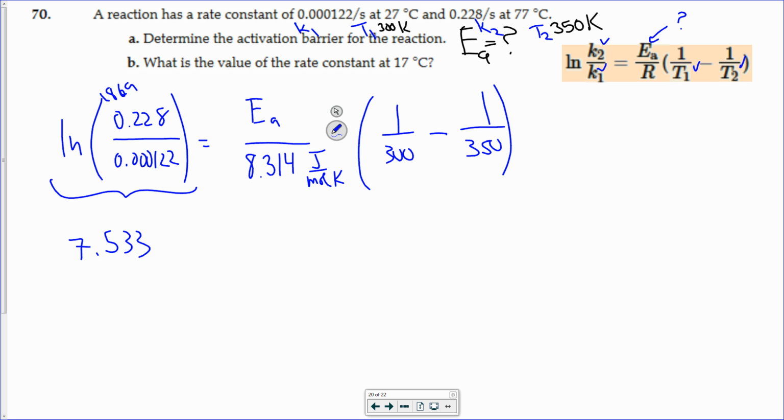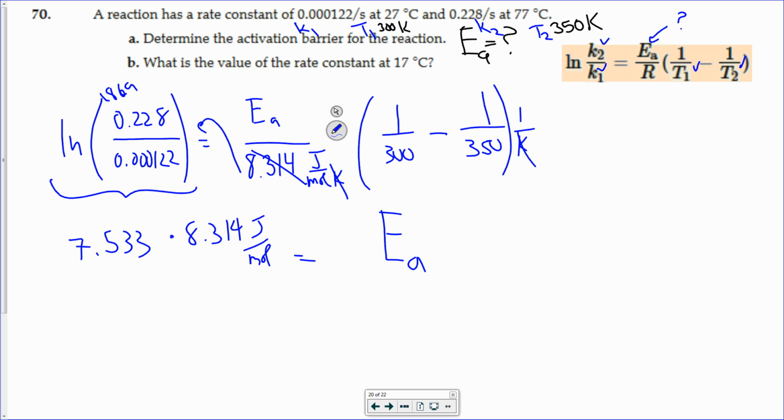I would take and multiply this R to this side. So 8.314 joules per mole. The Kelvin is going to cancel out with the inverse Kelvin on this one. So those would cancel out, right, so that gets rid of this term. So I need to find out what this one is. So it's going to be equal to E sub A, so 300 inverse minus 350 inverse.